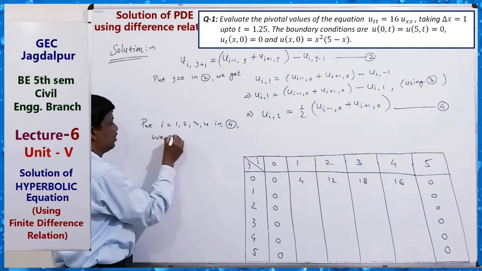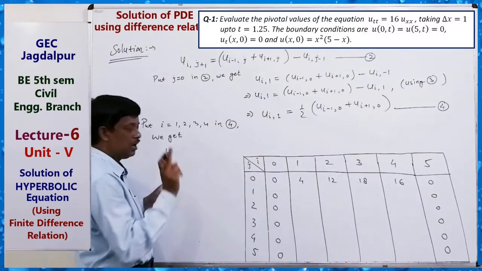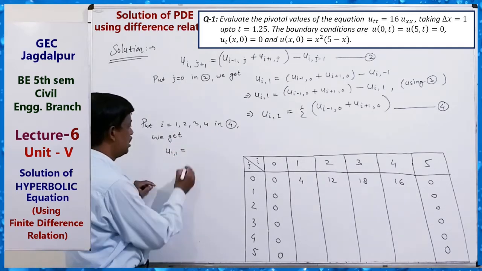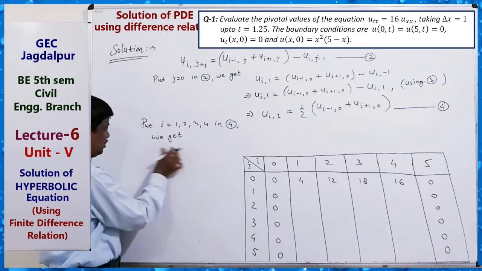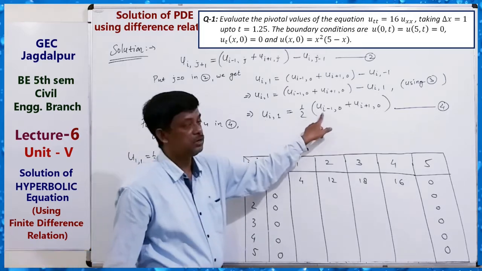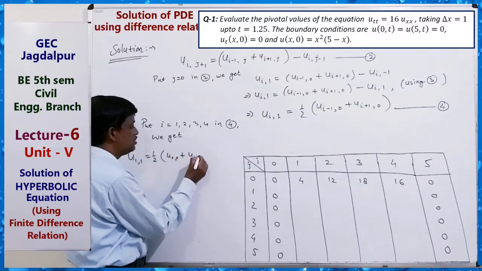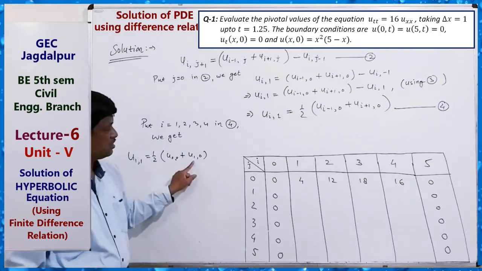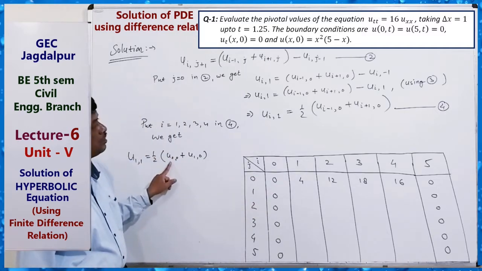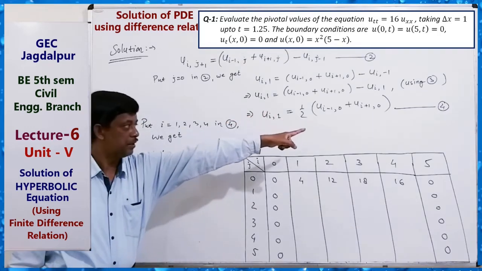We get, for I equals 1 first, u11 equals half of u00 plus u10. u00 means this, and u20 by putting values. Okay.